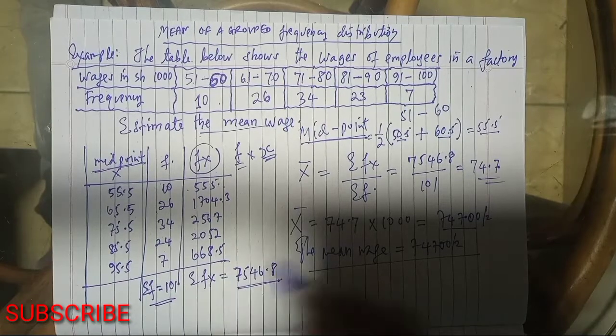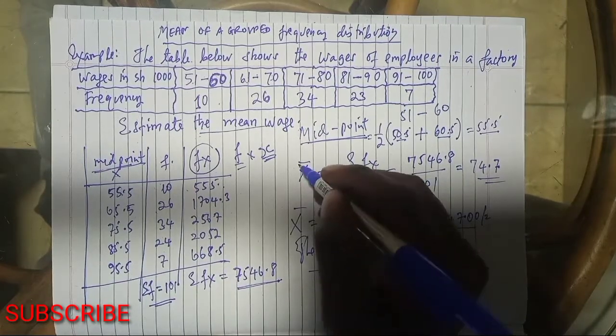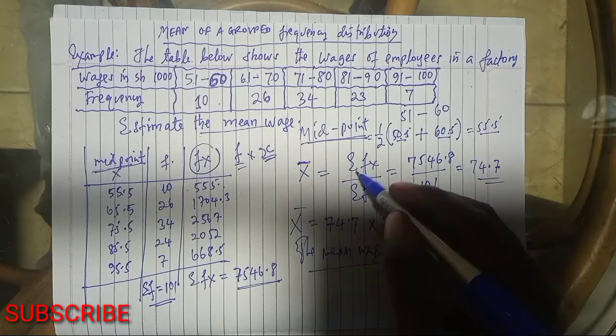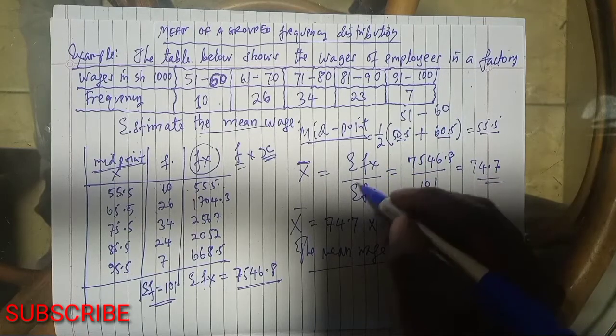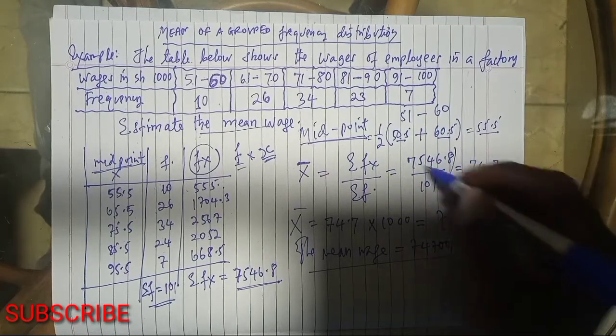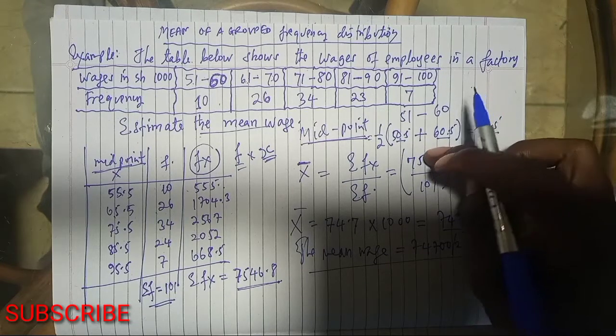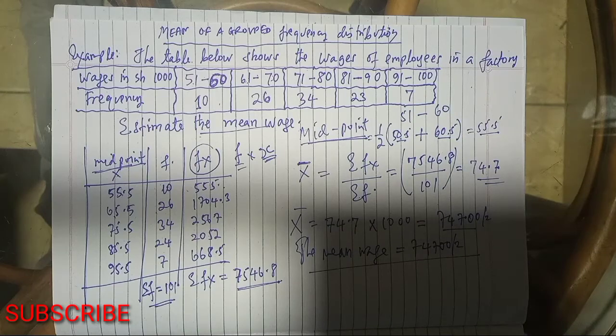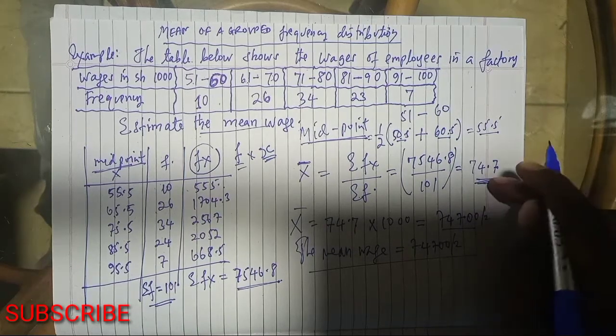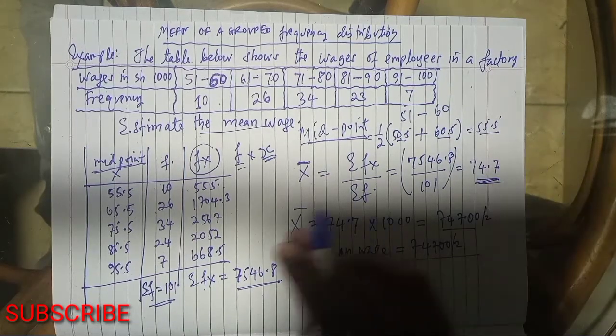Then the mean is the sum of fx over the sum of frequency, and that gives 74.7.